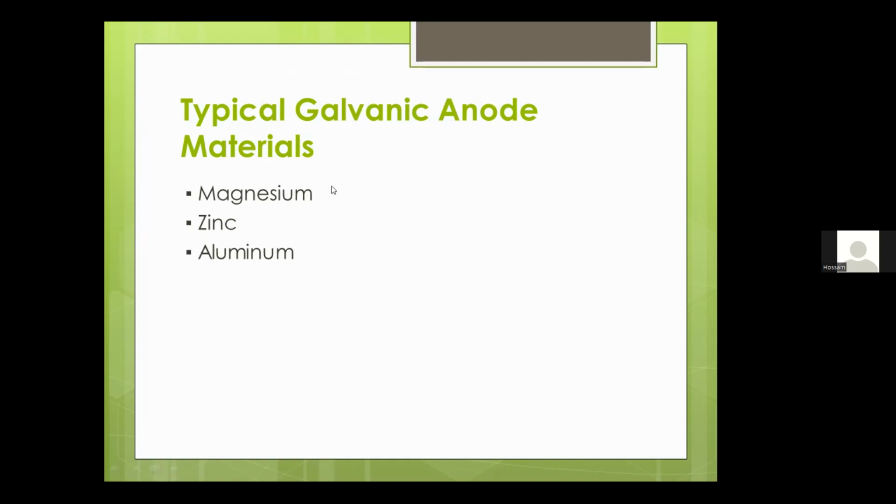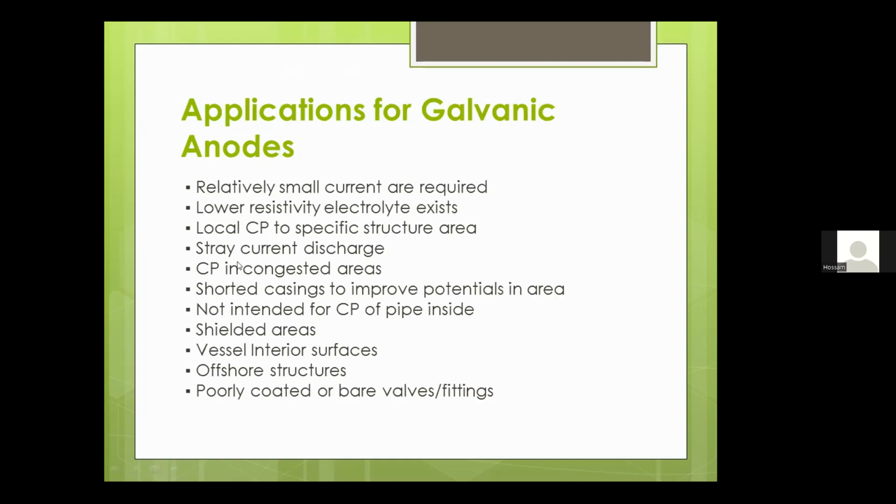The types of galvanic anodes are magnesium, zinc, and aluminum. Applications of galvanic anodes: when we require small current and lower resistivity electrolytes, when we need local cathodic protection to specific structure areas, we can use them as a mitigation for stray current, or when applying cathodic protection in congested areas.